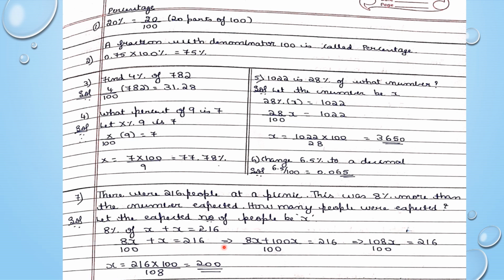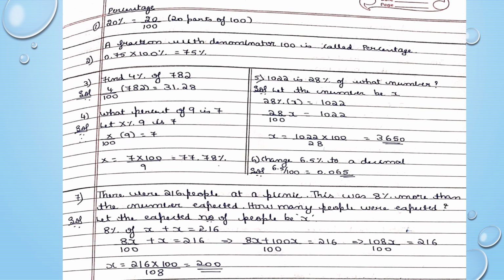Whenever you have addition, the denominator should be the same, or else you should take an LCM. 100 will be the LCM. So 8x plus 100x divided by 100 is equal to 216, which gives 108x divided by 100 is equal to 216. Now cross multiply: 216 into 100 divided by 108 is equal to 200.